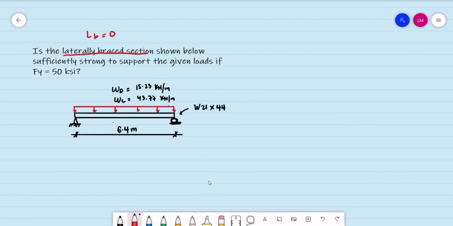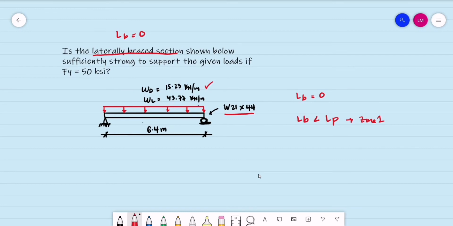That makes L sub B automatically less than L sub P, so this is under zone 1. The section is W21 by 44, the dead load is 15.23 kilonewtons per meter, and the live load is 43.77 kilonewtons per meter.